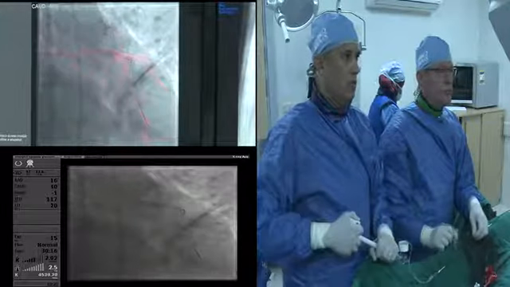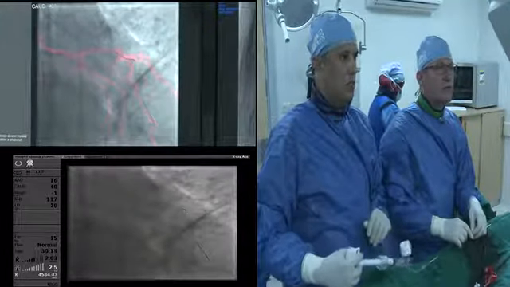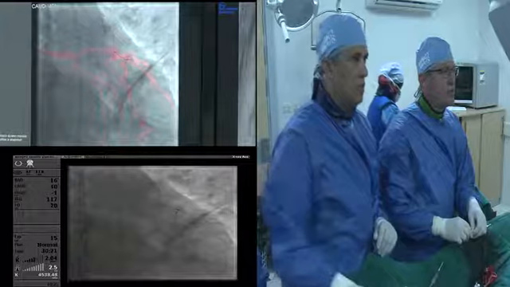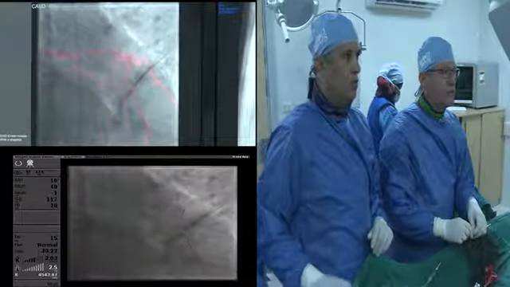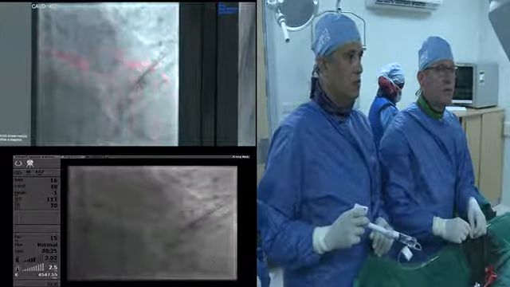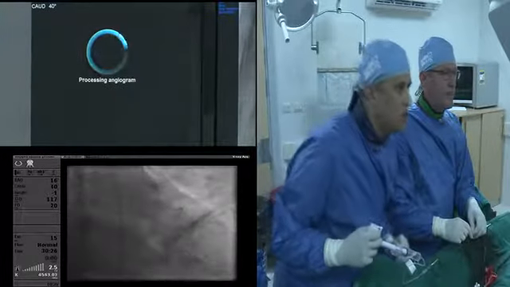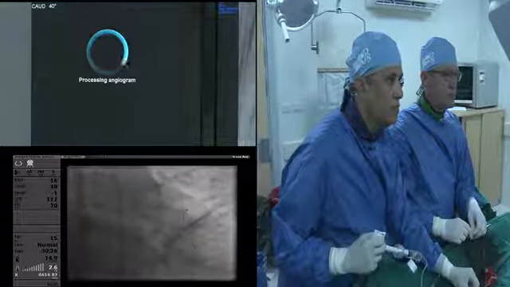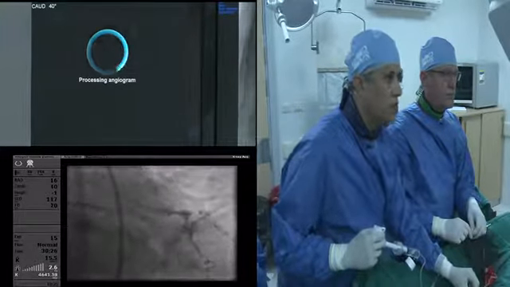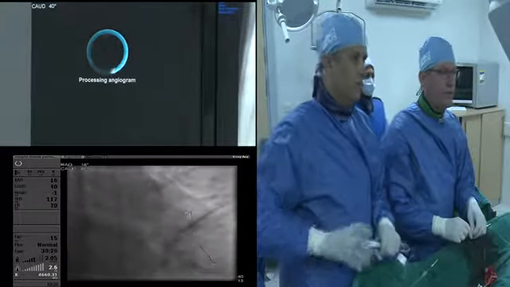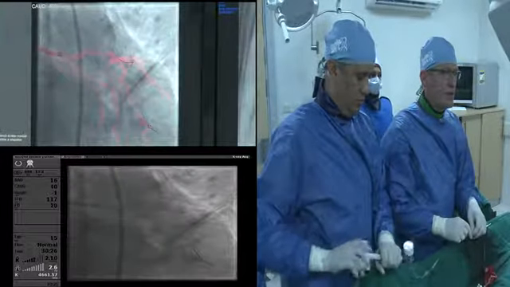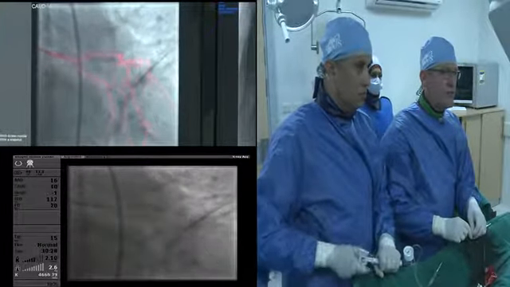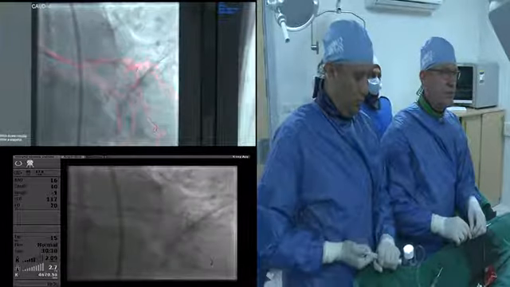And with this 2.5, of course, there is no geographical miss that we would like to avoid. It's very small. Can we inflate? It's okay. Yeah, predilate. But the road mapping is perfect. The road map is really great.